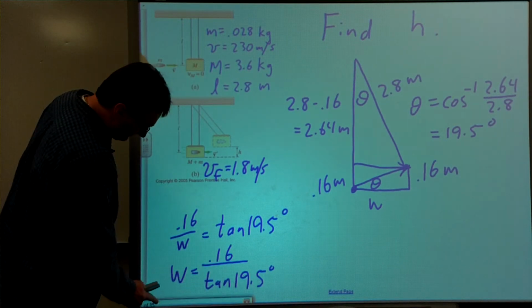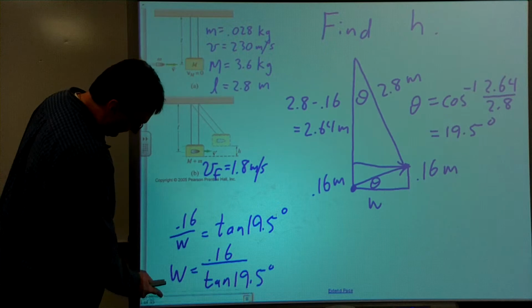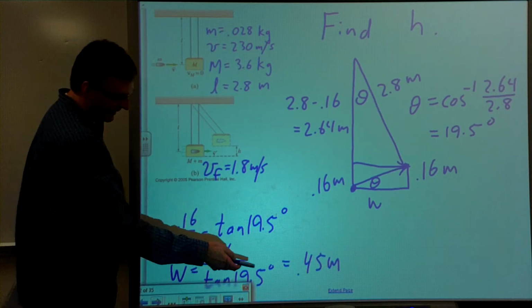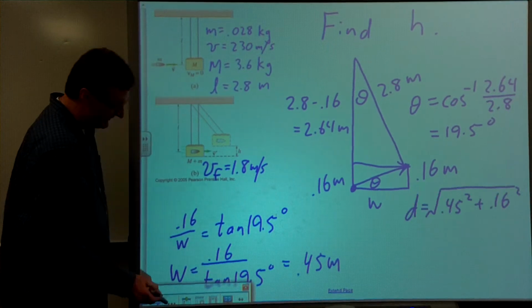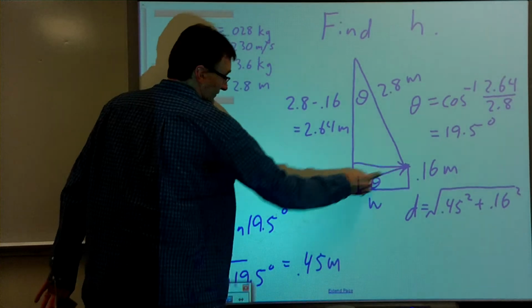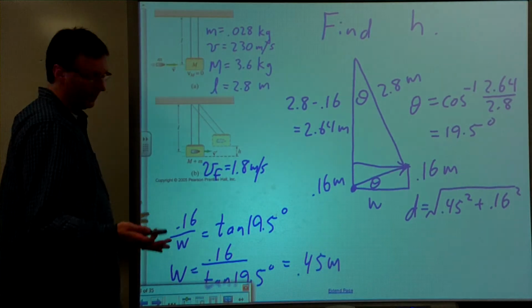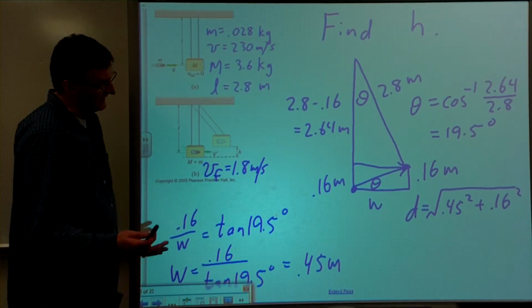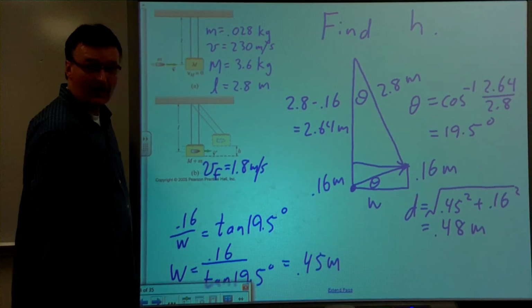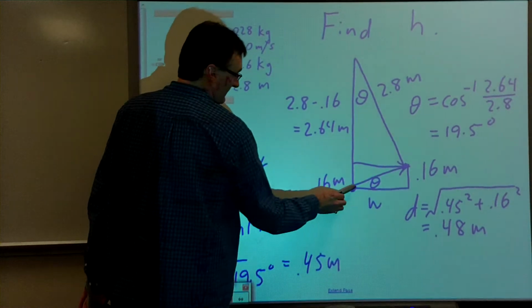From here, we can find out what that length W is, which is 0.45 meters. Then just use the Pythagorean theorem to find the hypotenuse of that triangle right there. As I said, I'm doing it the long way, but that's okay. The hypotenuse is then 0.48 meters.